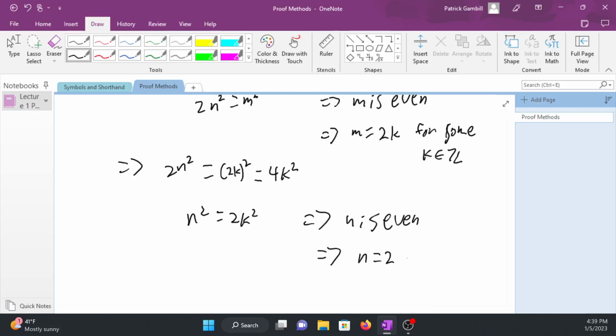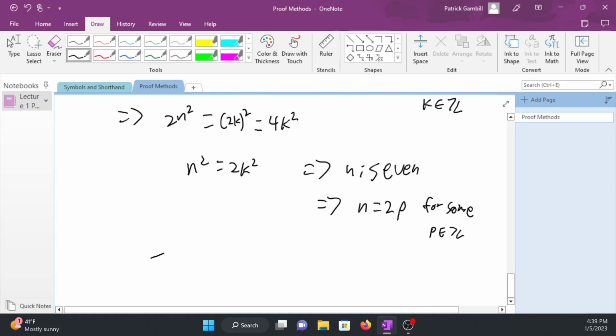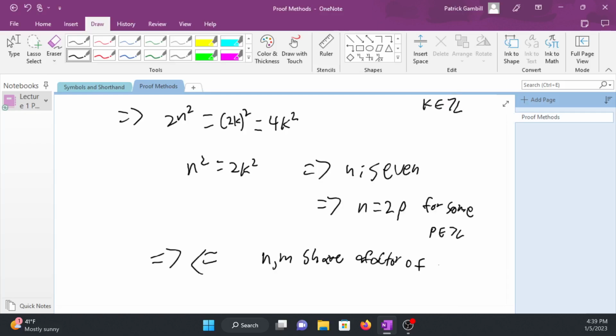We already used k. We'll say p for some p in Z. But this is a contradiction, because this means n and m share a factor of 2, and m divided by n is not fully reduced.